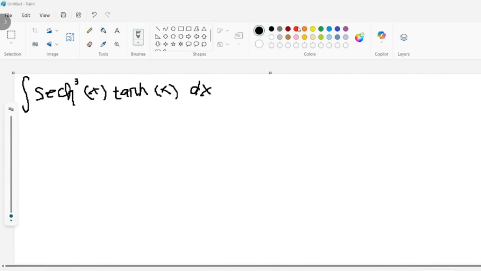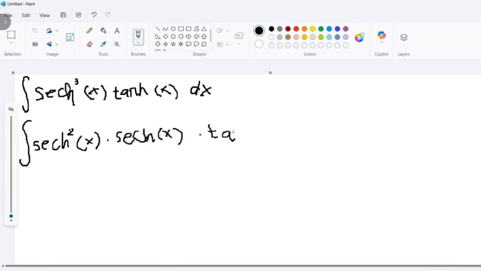Okay, so now we have here a hyperbolic function. So we have sech cubed x tanh x dx. Just like what we did on our first few examples, since we have a cube, we are going to separate it into two parts. So we will have sech squared x times sech x tanh x dx.